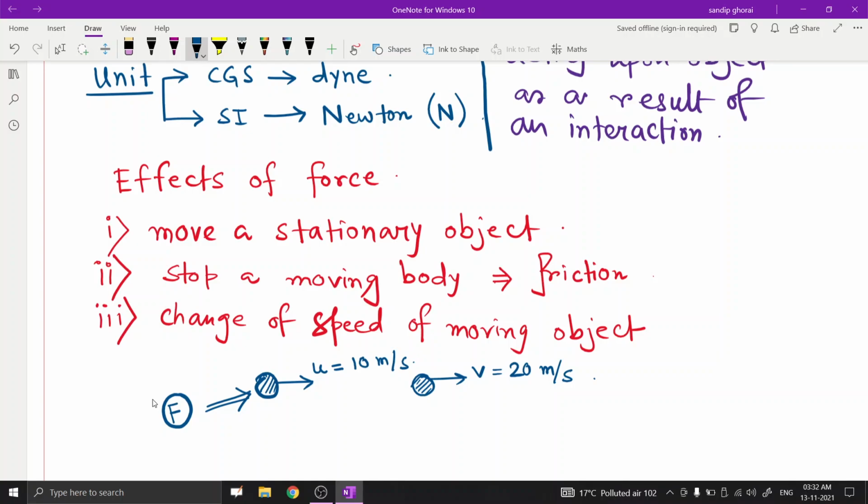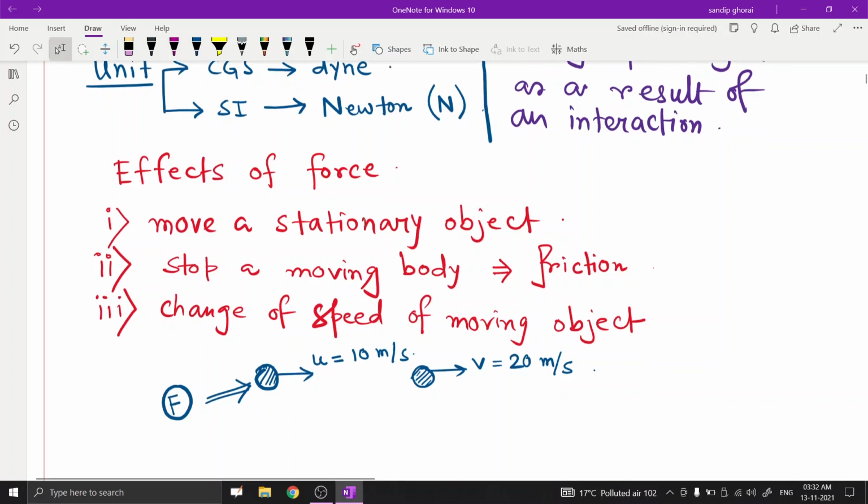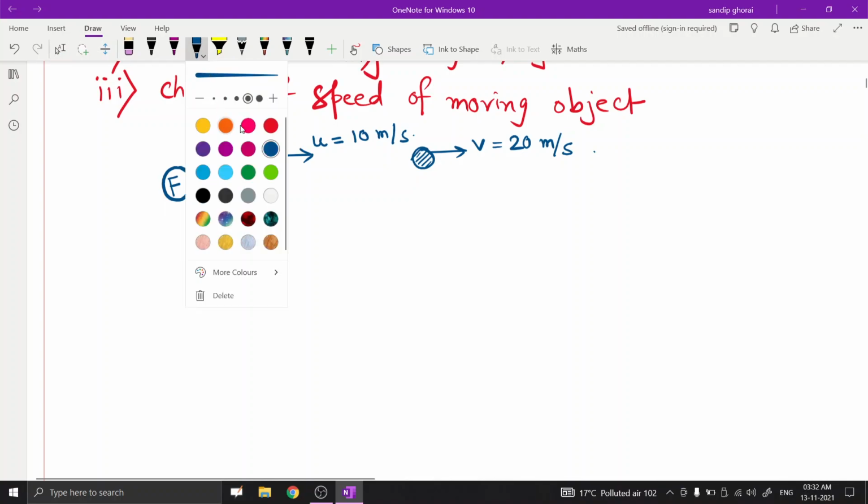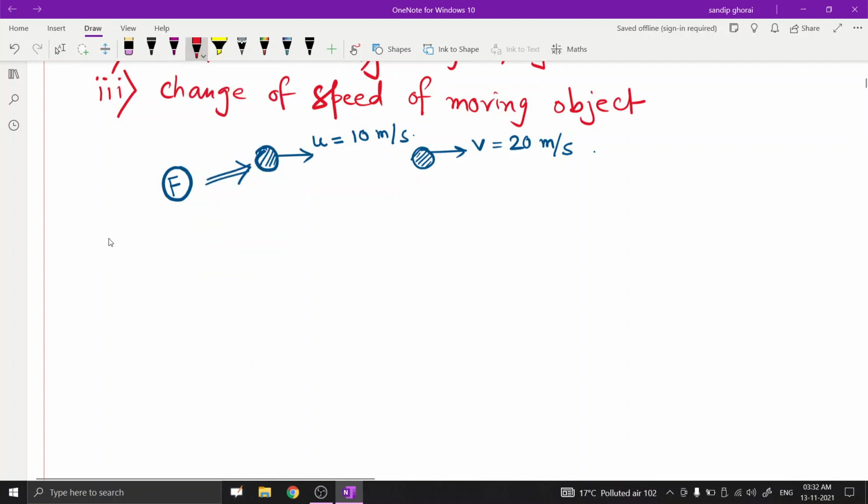Next we move to our fourth point, that a force can change the direction of a moving object.